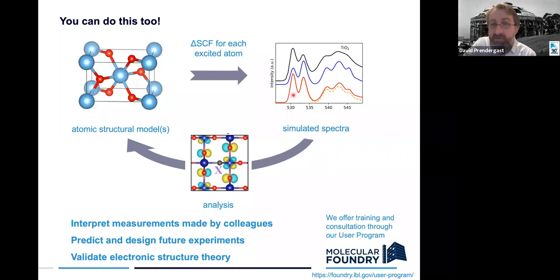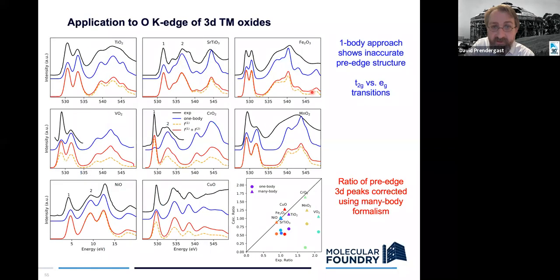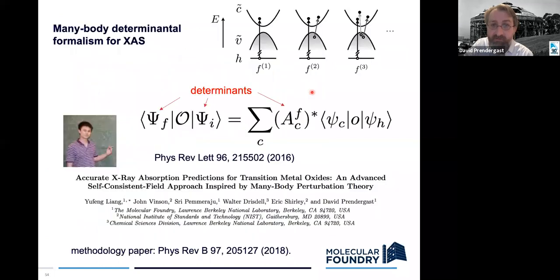And then the reason why the intensity is so much brighter when we include the full or some approximation to the many-body aspects of the transition is related to something I described here. So it's about time ordering.